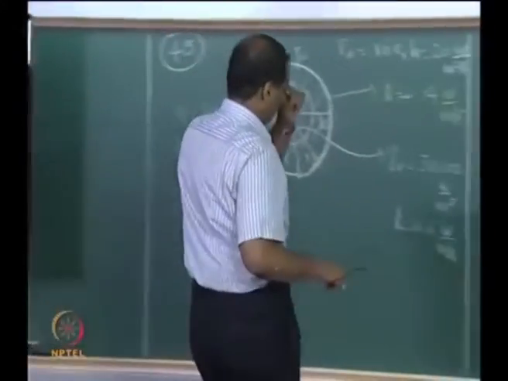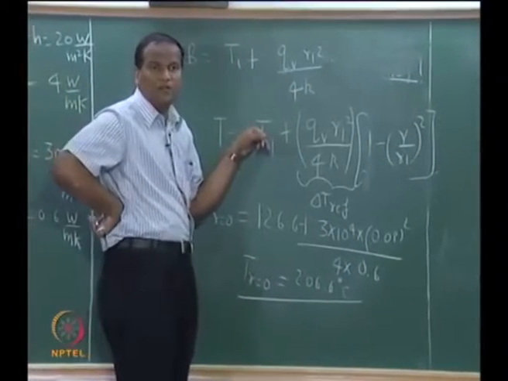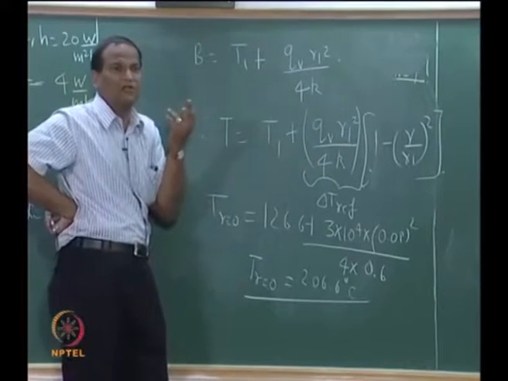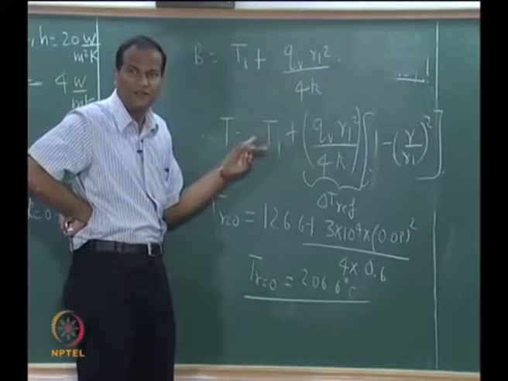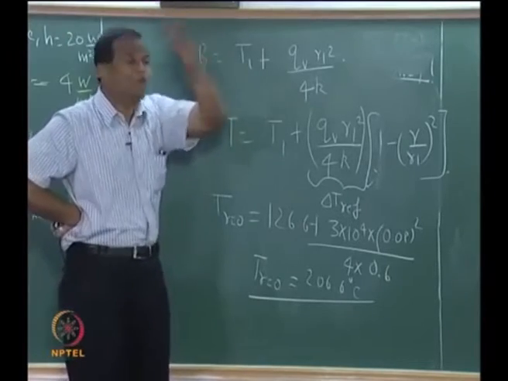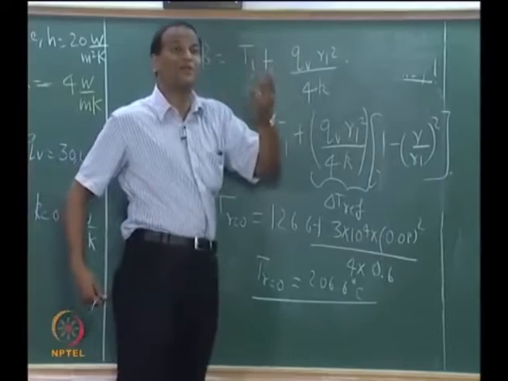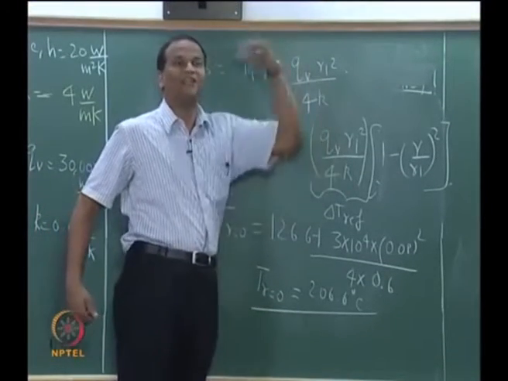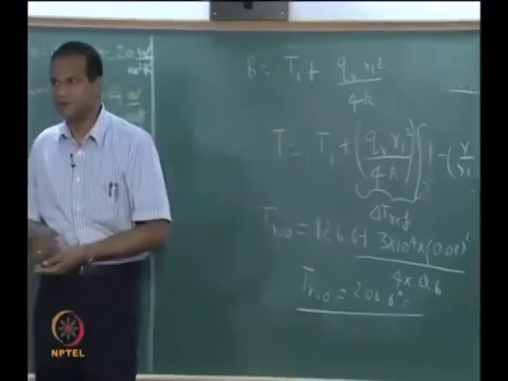So if you recall this T1, please look at the board, this T1 was decided by the ability of the outside heat transfer coefficient to take away the heat which is generated by the nuclear reaction. But this T depends on how much heat is carried away by convection, and how much temperature rise is caused because of the finiteness of the thermal conductivity of the nuclear heat generating material.